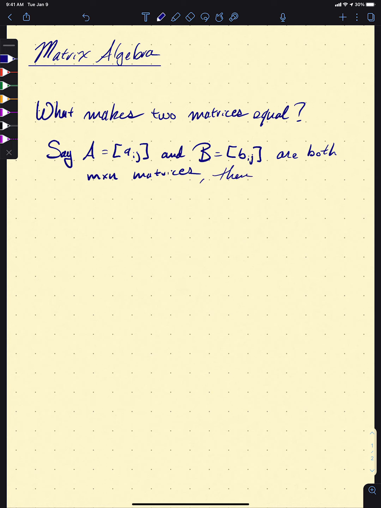So if you have this setup, how would we expect to quantify that A equals B? They're the same shape.